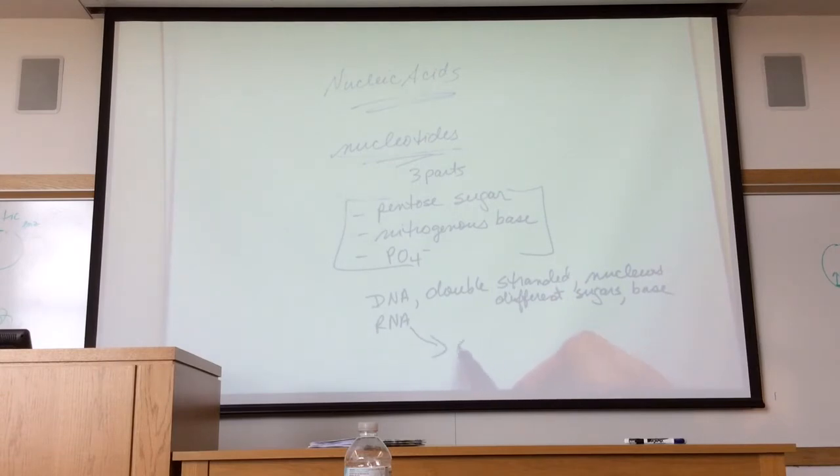And RNA is usually single-stranded. It can go outside the nucleus. It travels throughout the cell. And there's different sugars and bases.